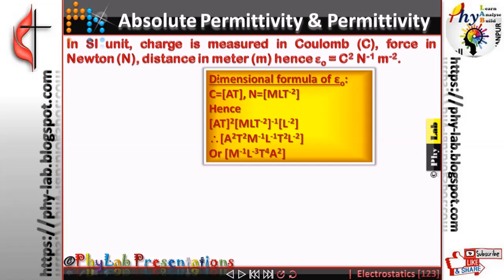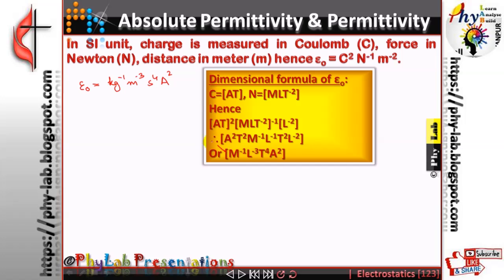Those fundamental quantities that you studied in class 11, when any quantity is expressed in units of those fundamental quantities, we say it is expressed in fundamental units. So when I express epsilon naught in fundamental units, the answer should come out as per kg per meter cube second to the power of 4 ampere to the power of 2.